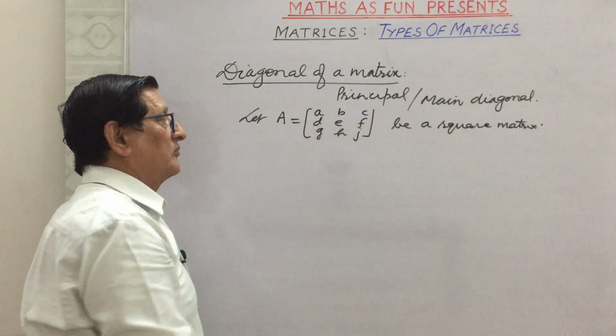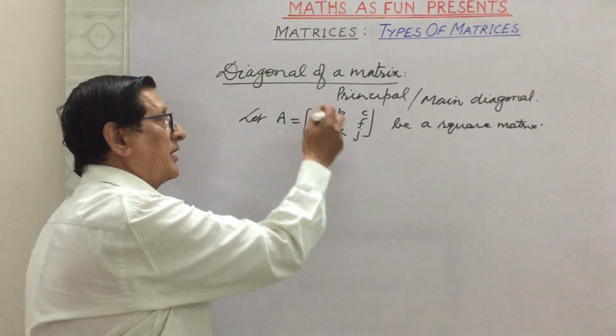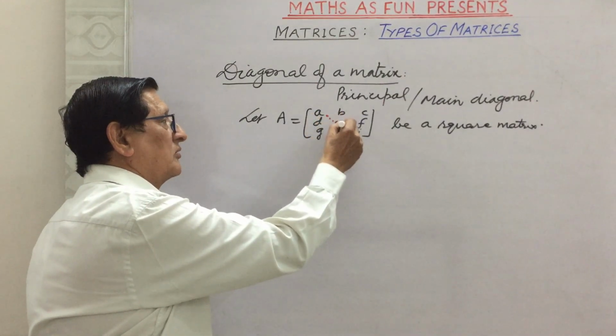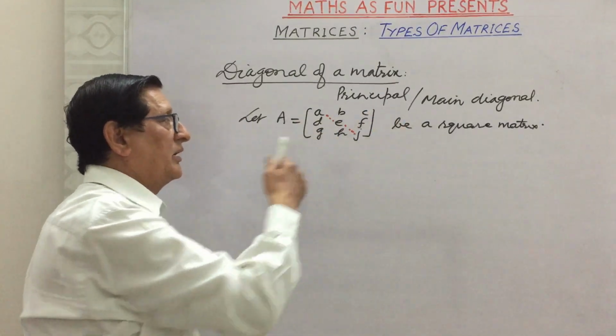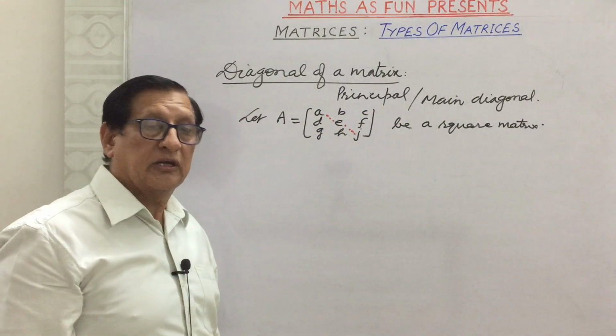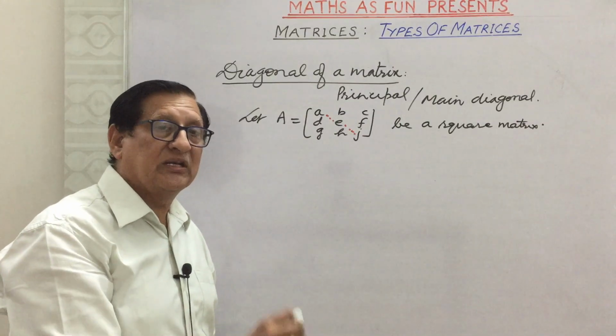Then starting from this first element A, this particular one is known as its principal diagonal or main diagonal.